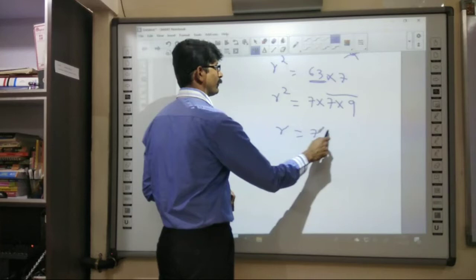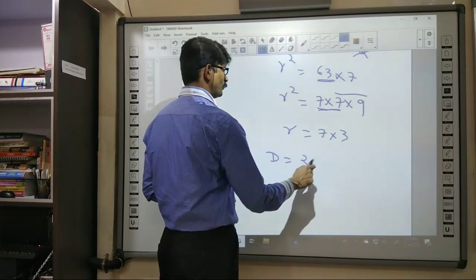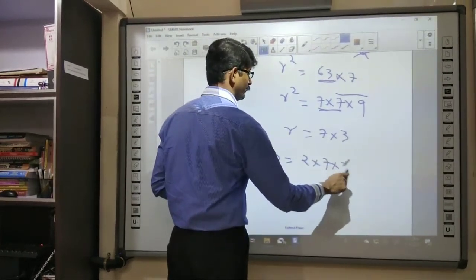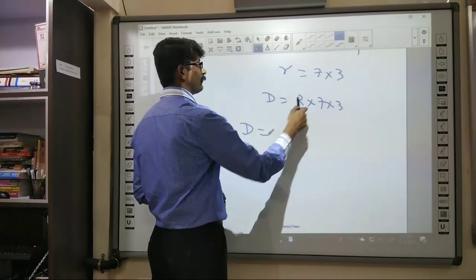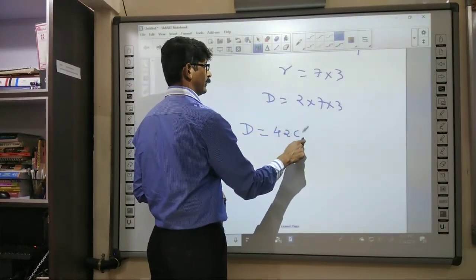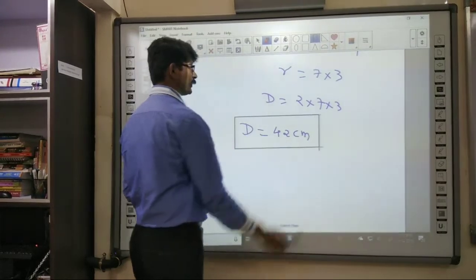And the root of 9 is 3. So the radius is 21, so the diameter is 2 into 7 into 3. So the diameter is equal to 42 centimeters. Isn't it easy? Diameter is 42 centimeters.